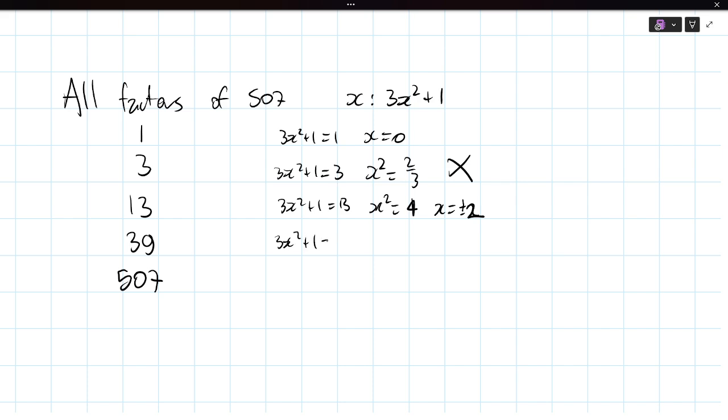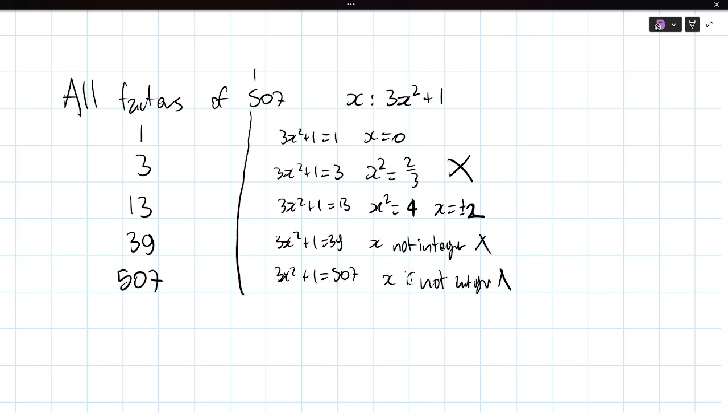What about 39? 3x squared plus 1 is equal to 39. 38 over 3, that's not divisible. So x is not an integer, so we can reject this as well. 3x squared plus 1 is equal to 507. 506 is not divisible by 3. Therefore, x is also not an integer here. Notice I'm being very systematic.